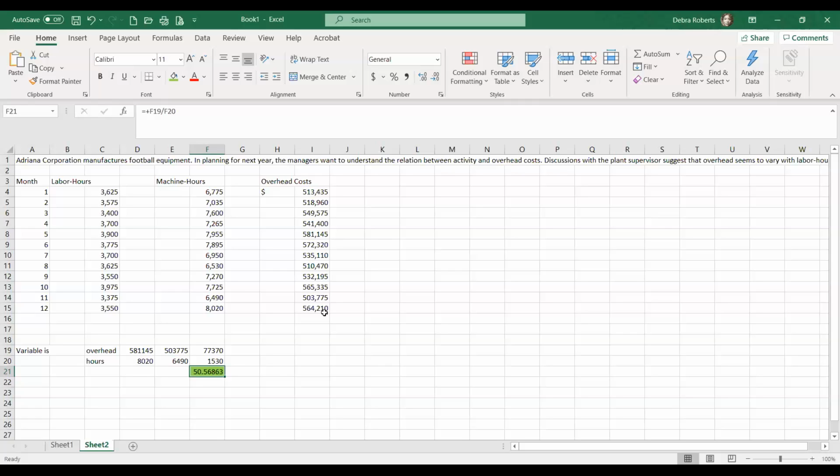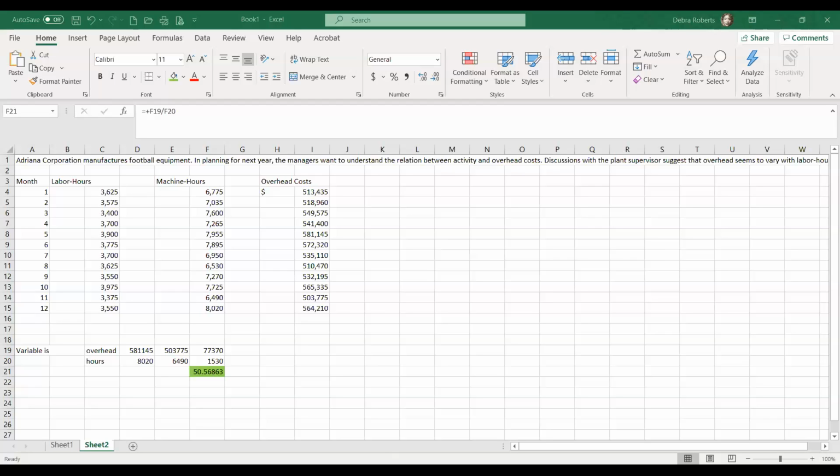So what's going to be our issue? What is our cost per machine hour? I'm going to stop sharing again. I know this gets to be a broken record. I'm going to go back to my class assignment.